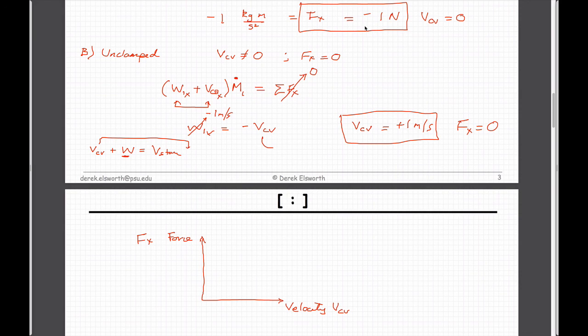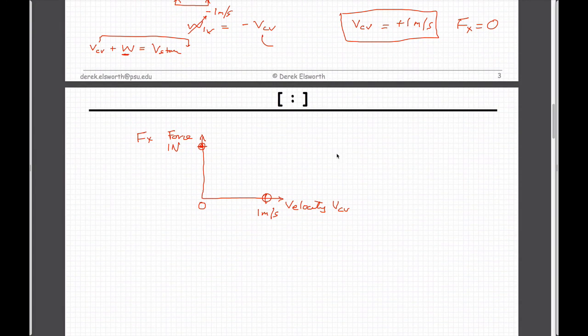Ignore the fact that this is negative, it's just a direction. And so if we have 1 Newton here and 0 velocity, then this exactly is this case. The other case, we have a velocity of 1 meter per second and 0 force. We have another point.